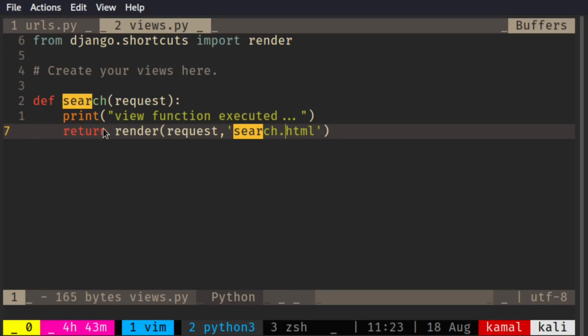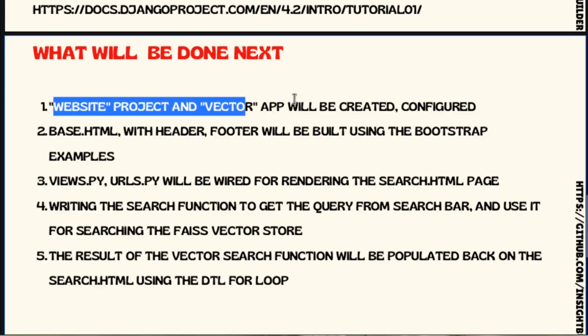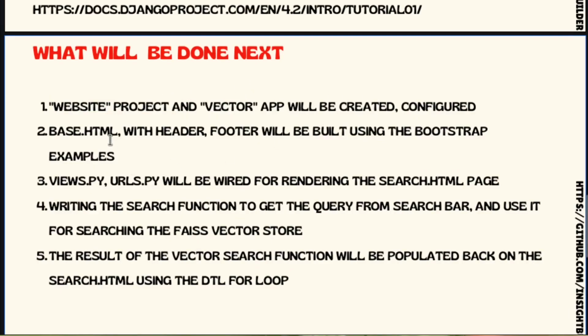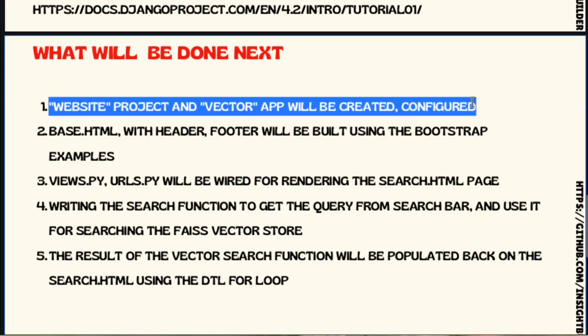Let's stop for a moment and review where we have come. We have created the website project. We have created the vector app. We also started working with views.py and urls.py, and we wired it for rendering the search.html page. So we completed line number 3 and line number 1.